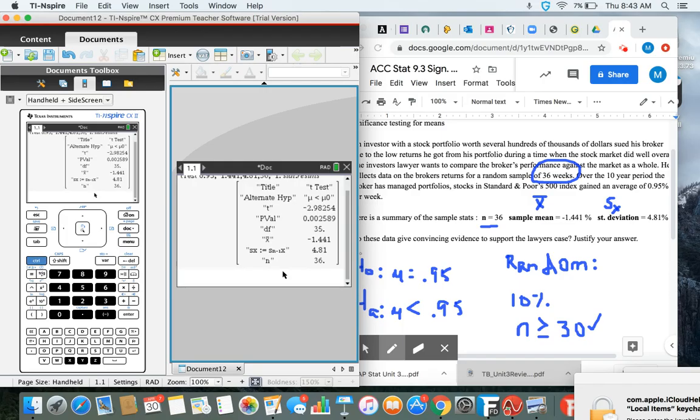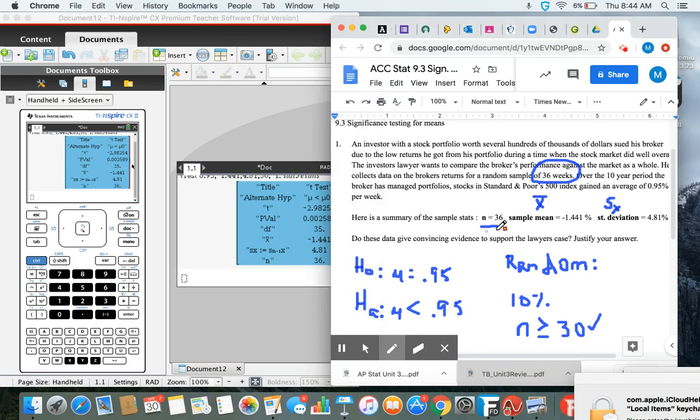Okay, I hit OK. And now the number that I need to really focus on here is the p-value. And we have a really small p-value here, right? 0.0026 or 0.003. Anytime you have a p-value that's significantly small like that one is, you're going to end up rejecting the H0. It means you have really strong evidence. Now, it doesn't give us a significance level here, and we should know that when it doesn't, we're just going to use the significance level of 0.05.